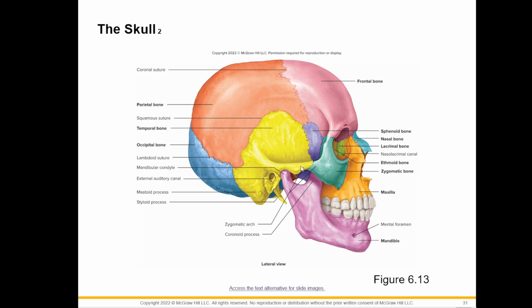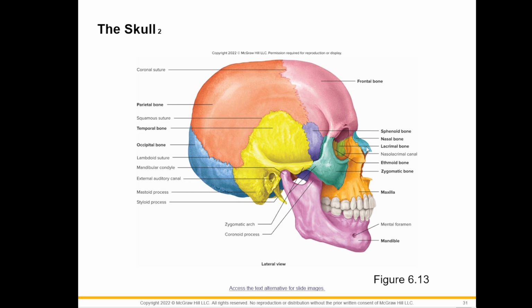Here, the parts of the mandible, we have the mandibular condyle. We have the coronoid process. We can also see here the sphenoid bone. This green here is your lacrimal bone. This orange here is your maxillary bone.